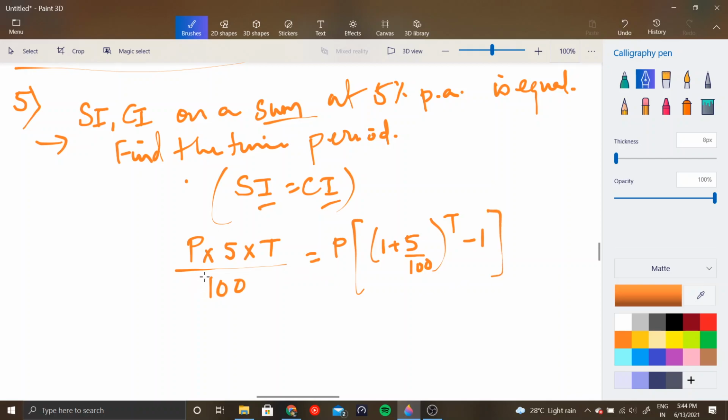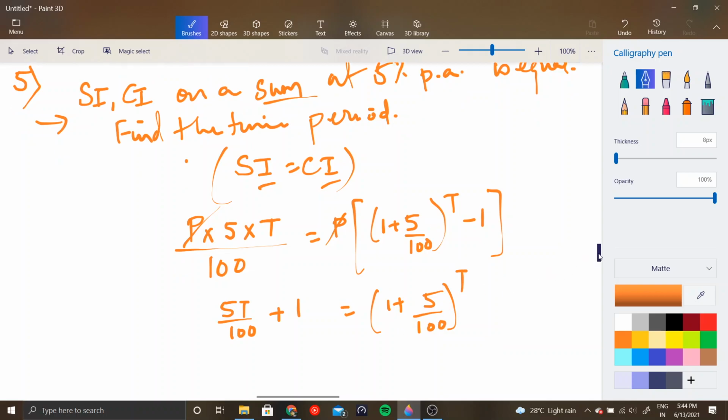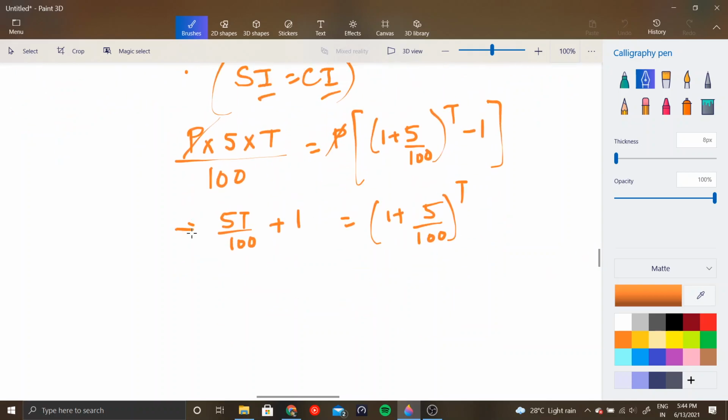So cancel off the P's. So 5T by 100 plus 1 will be 1 plus 5 by 100 power T. Now this is your equation. You need to satisfy this equation. You will get two answers for this equation. Let me show you how.